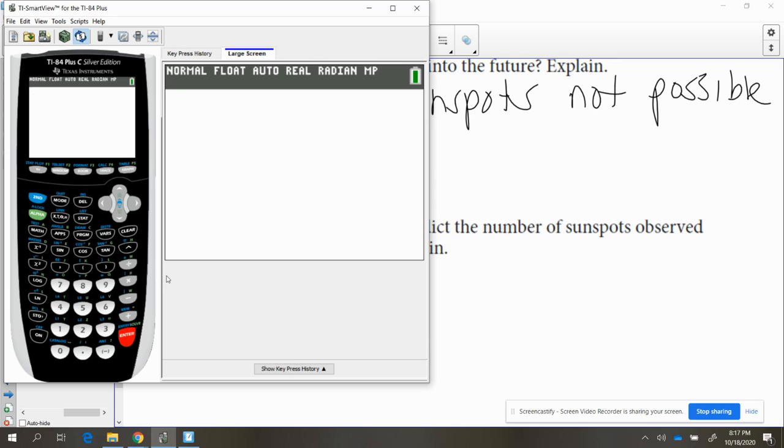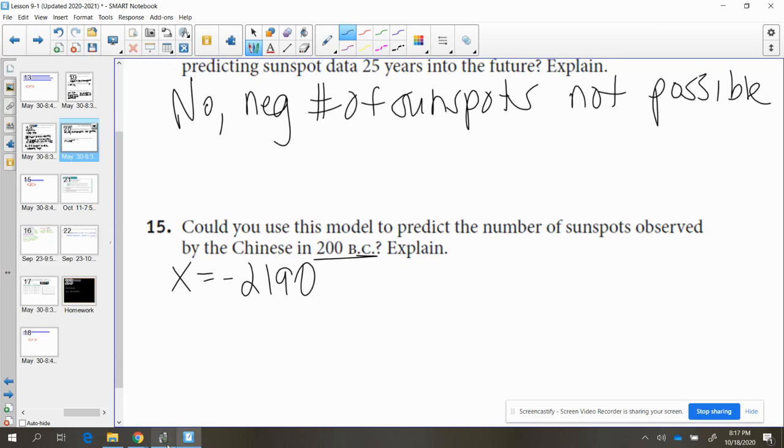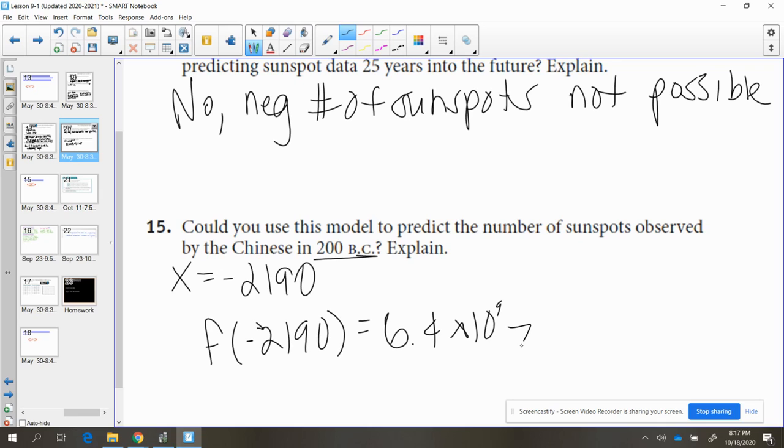If we typed it into the actual equation, it comes out to be a crazy large number. If you type in f of negative 2190 into the equation itself, you're going to get like 6.4 times 10 to the 9. So a huge number. Doesn't seem like that was probably our case in 200 BC.